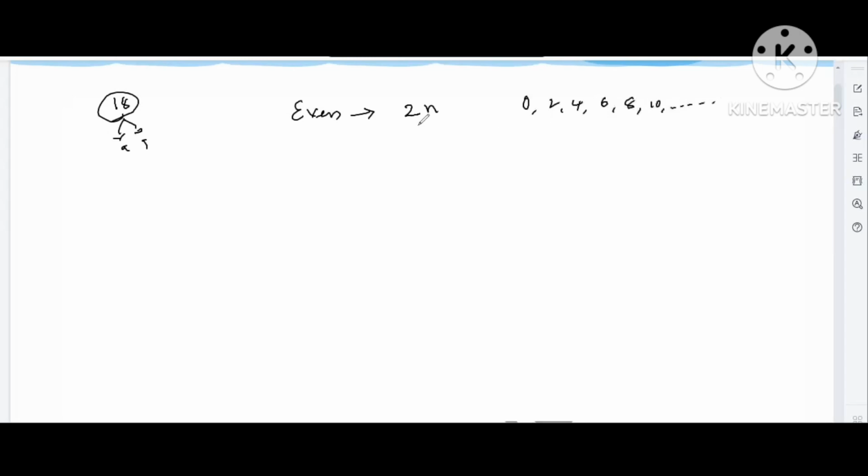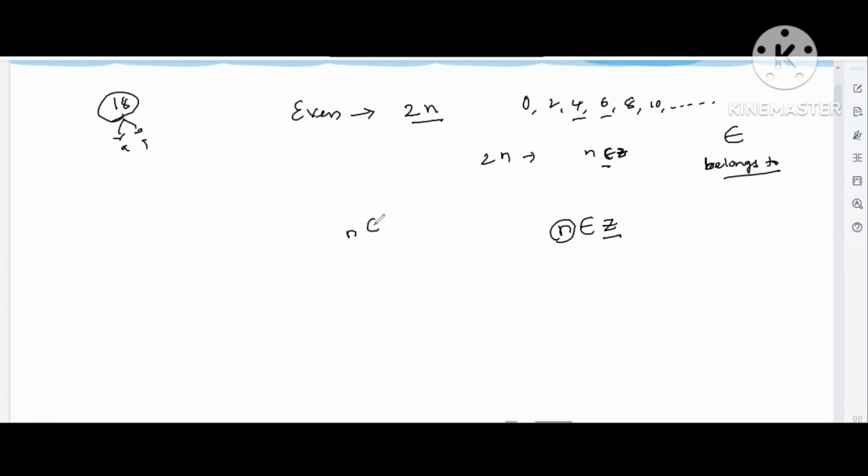These are all integers. Every even number can be written in the form of 2n, 2 into n. So what is n here? n is an integer. n belongs to Z. This symbol is called belongs to. Actually, we get this in the next chapter on sets, but here we use the symbol belongs to. n belongs to Z means n is a number that belongs to the set of integers.